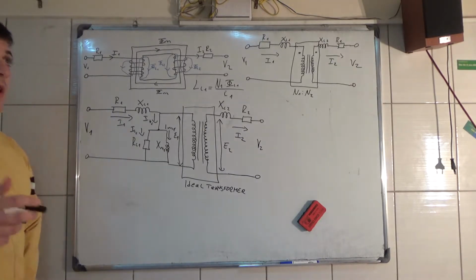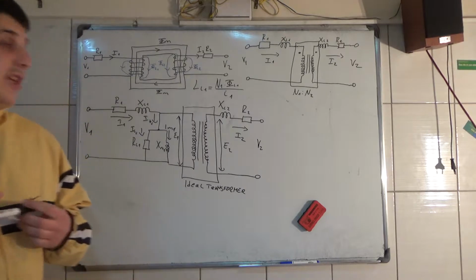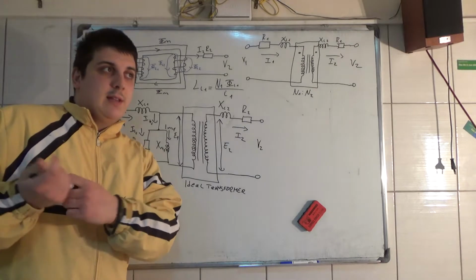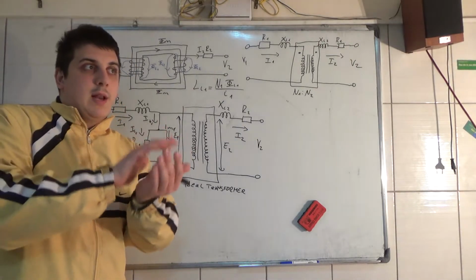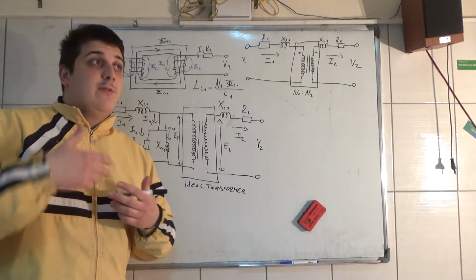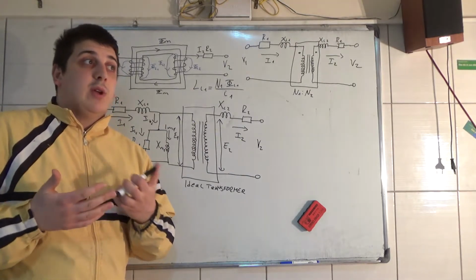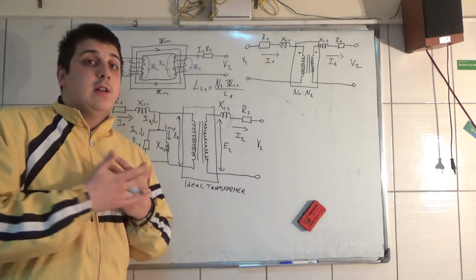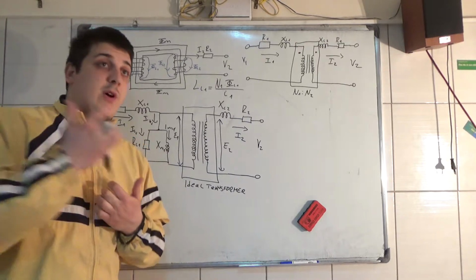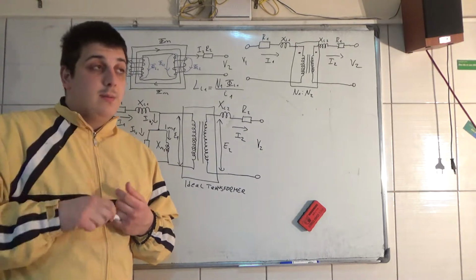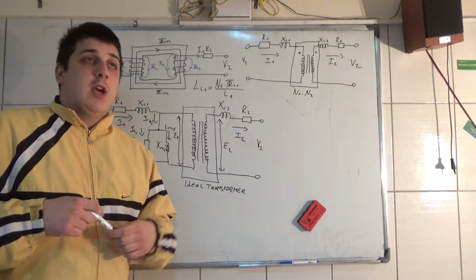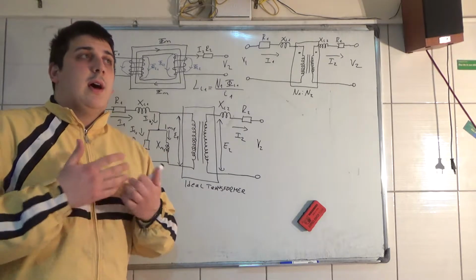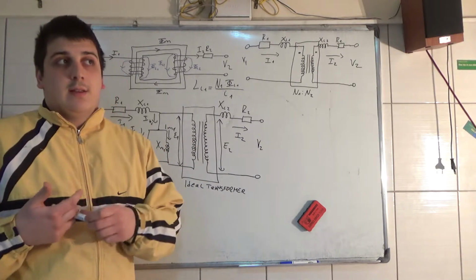Now the third characteristic of an ideal transformer: in my second video, we said that the magnetic core has an infinite permeability, so there is no exciting current in that ideal transformer. Well, that's not the case, and if you watch my magnetic circuit lectures, in the 17th video I showed you what the exciting current is.